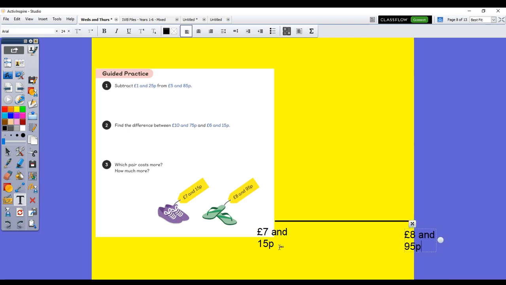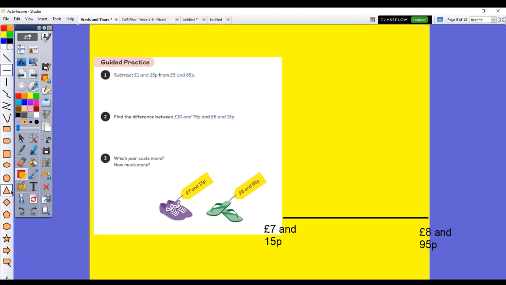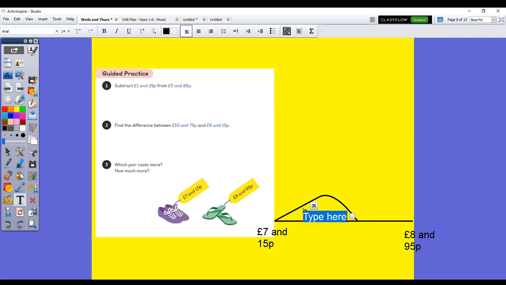Okay, so let's look at what we know. Both of our ones in the pence end in 5. So we're going to still stick with doing our pounds first. So £7.15 plus £1 is going to equal what? Going to equal £8 and 15 pence.